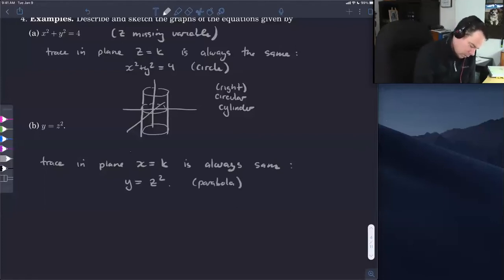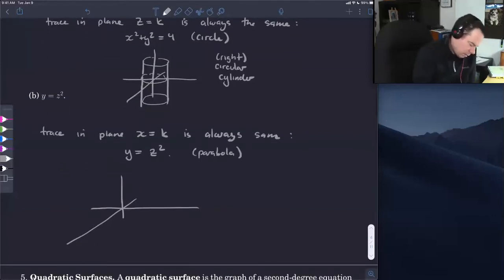So that means if I go to sketch this thing, it's going to consist of parabolas along the y-axis that are parallel to the YZ plane. So we're going to have things that look like this. There's a parabola. And I'll try to see if I can get a good sketch of this. So here's another parabola cross section, and so on.